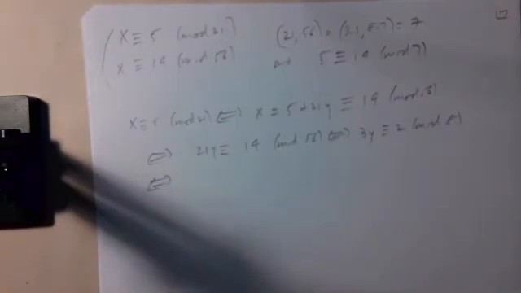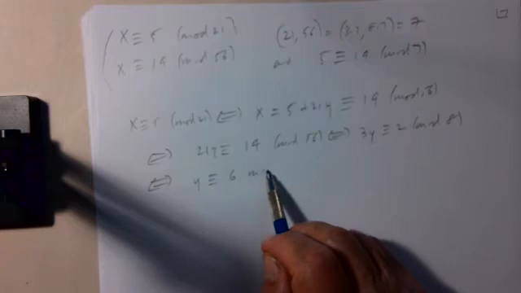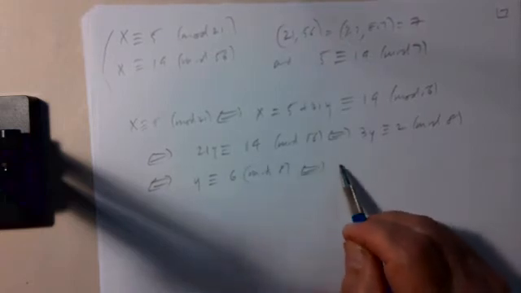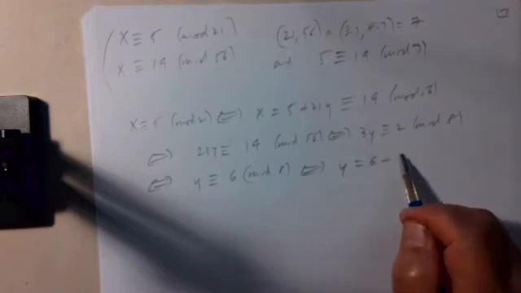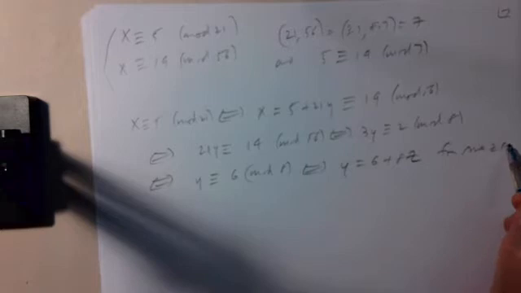And this is going to have a unique solution if and only if y is congruent to 6 mod 8, which means y is equal to 6 plus 8z for some integer z.